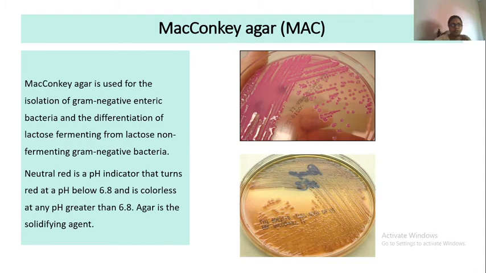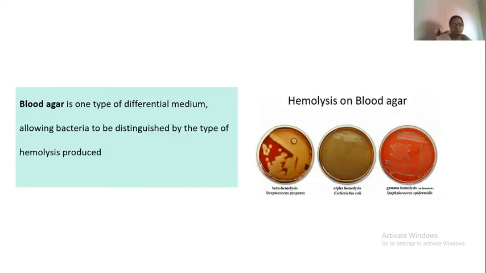So this is MacConkey agar. We will again take example of a very common bacteriological media, which is the differential media, blood agar. Now blood agar, if you see here, I have shown you three blood agar plates, and all three of them have different types of hemolysis.